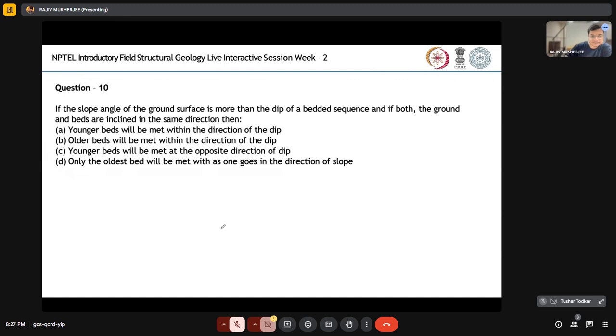So if I have, say for example, multiple bedding planes, right, and this is the younging direction.